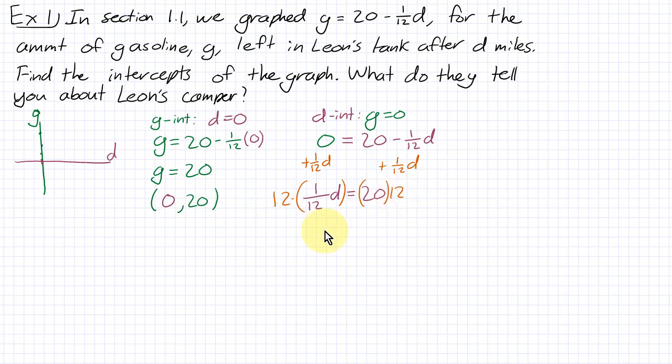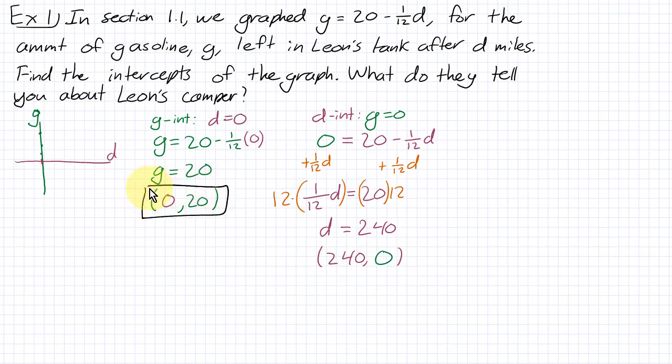And that will give you d equals 240. And so that now represents the point where d is 240, but the g coordinate is 0 there. So those are those intercepts.